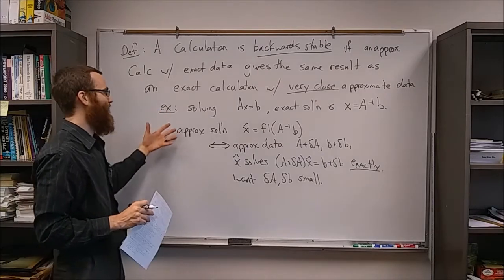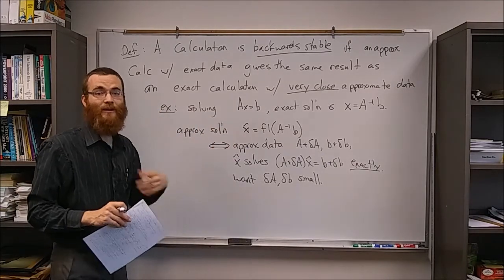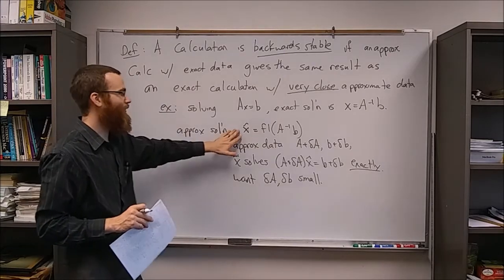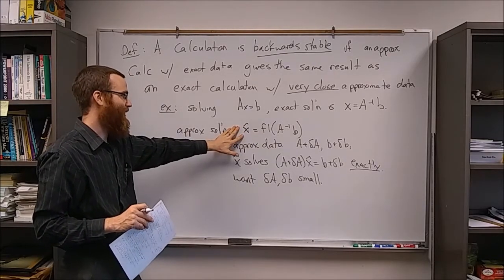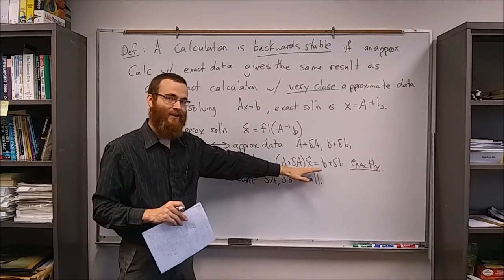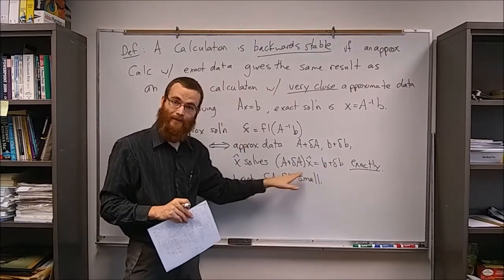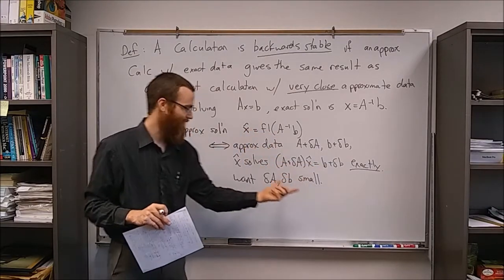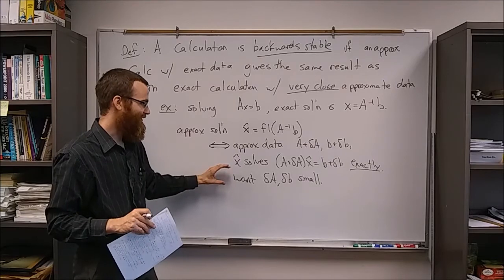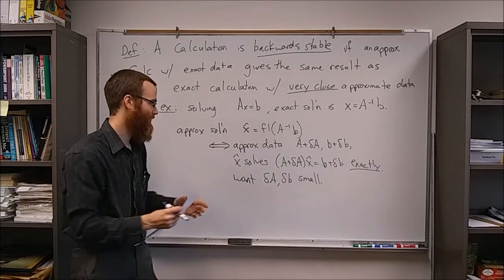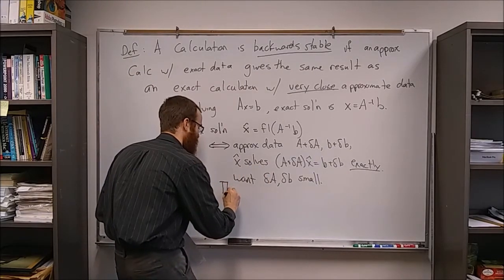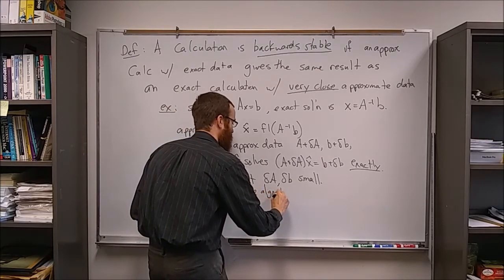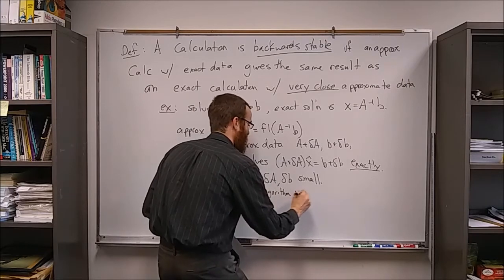So if we could say that our approximate solution that we got via, say, the Cholesky decomposition or the LU decomposition was the exact solution to a perturbed system, where A and B are slightly different, and these delta A and delta B are small, then the algorithm that we used was backward stable.